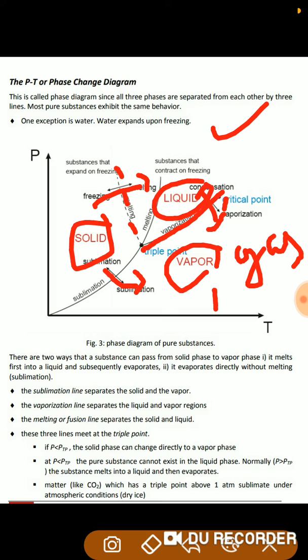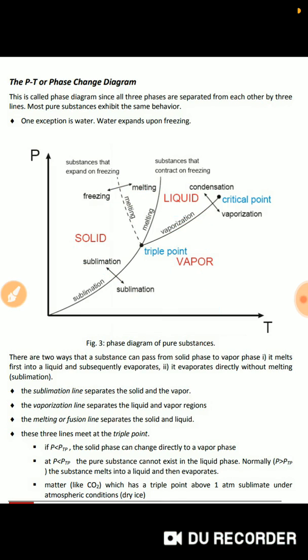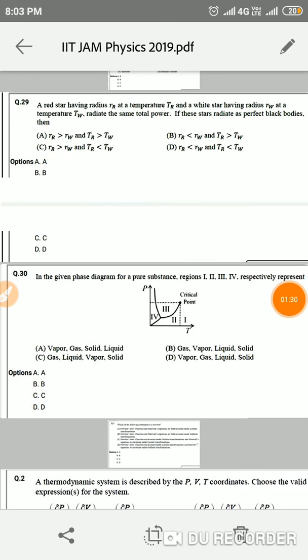So if we match our options according to the slide that we saw, region 4 was solid, region 3 was liquid, region 1 was gas.